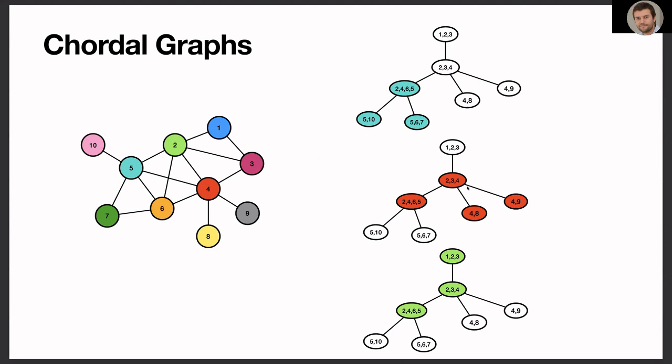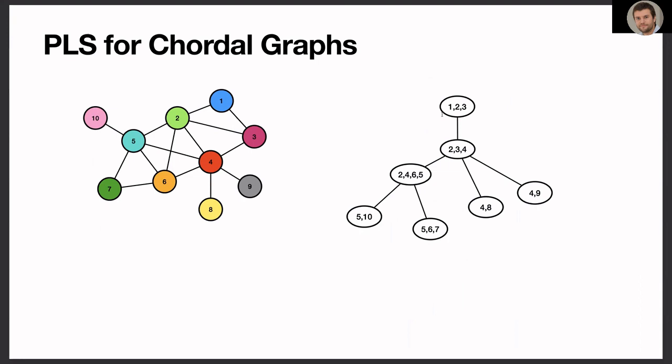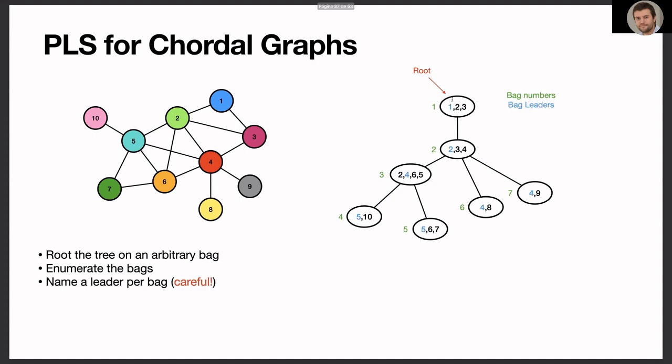And also we can see that this construction, in fact, is a tree decomposition where each of the bags of this tree decomposition is a maximal clique of the graph. And that is useful for the design of a proof labeling scheme, because the idea is roughly this: we take the clique tree, root it at one of the vertices, then enumerate the bags and pick a leader for each bag.